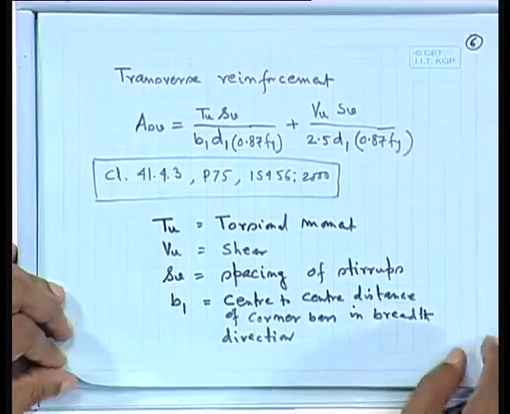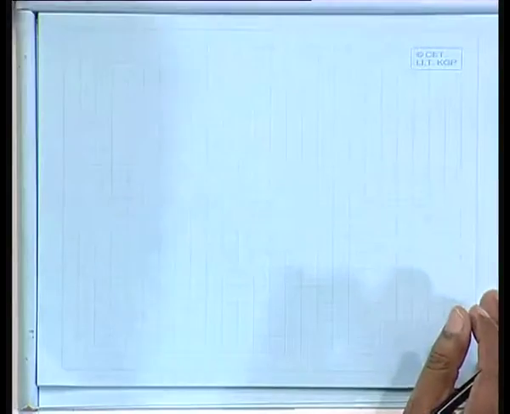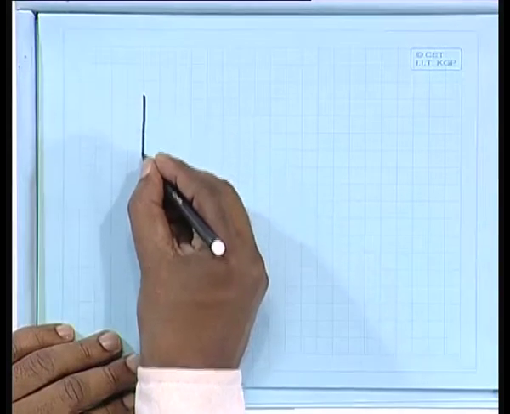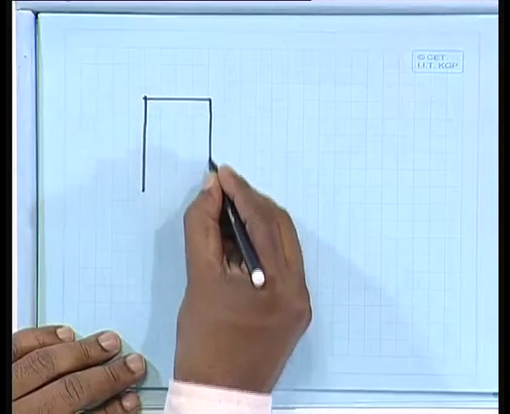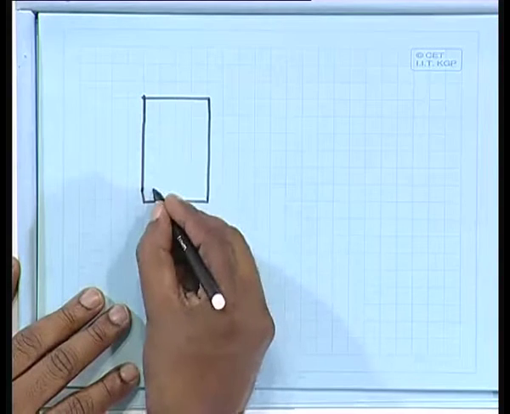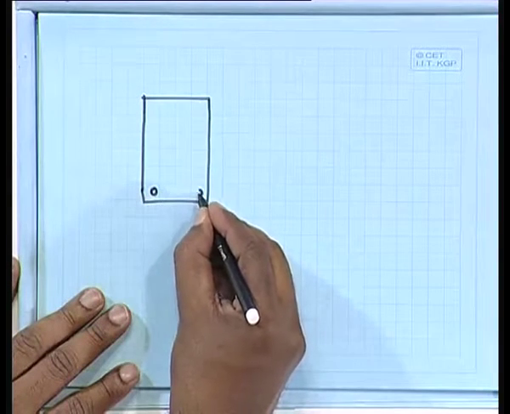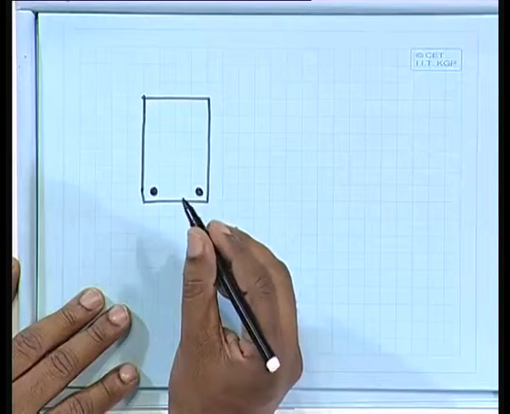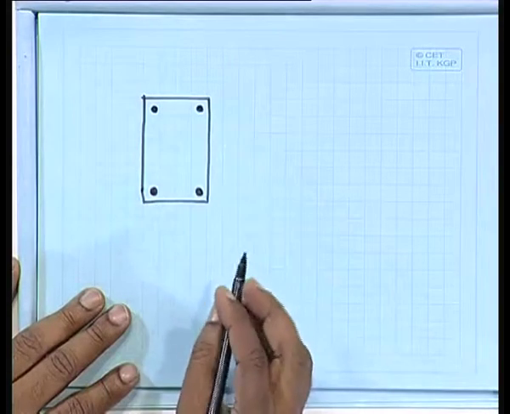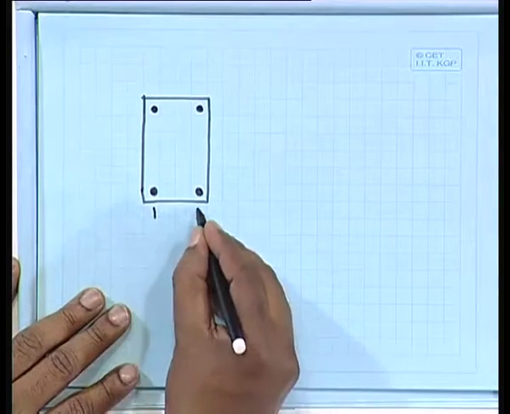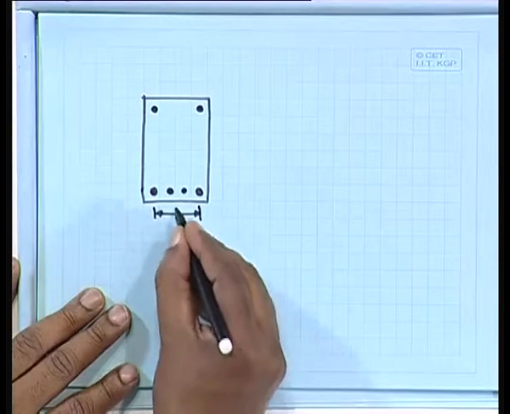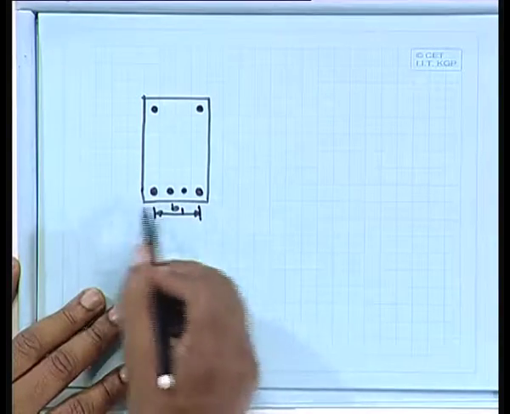What is that? So we have b1 and we have d1. If this is your beam, we have reinforcement, there may be so many bars. This is your b1 along the breadth direction.